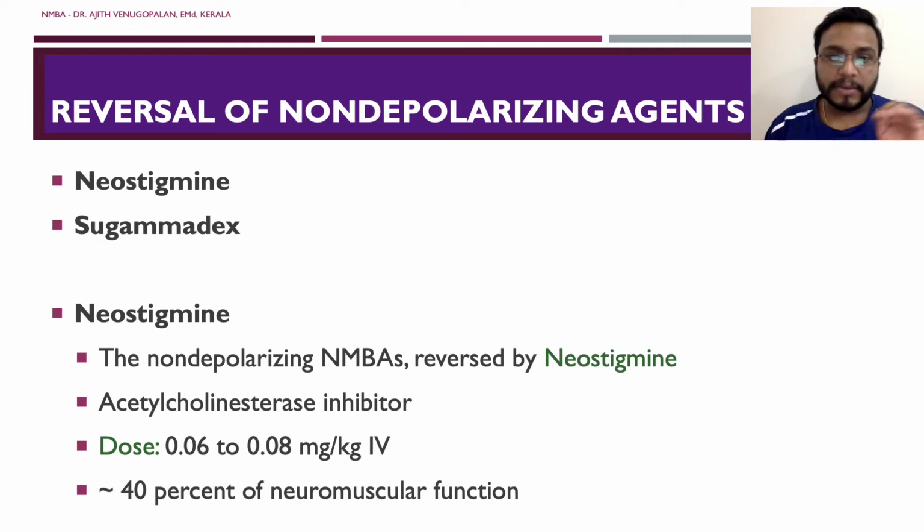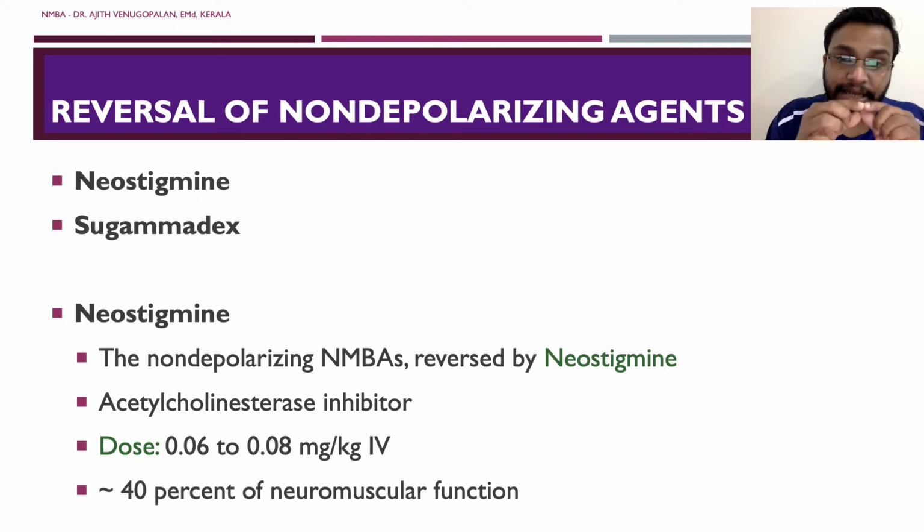Now neostigmine prevents the breakdown of acetylcholine by inhibiting the acetylcholinesterase. So acetylcholinesterase cannot break down the acetylcholine. Hence acetylcholine is going to remain in the synapse. So you have the acetylcholine that comes from the presynapse into the synapse, and it is broken down by the acetylcholinesterase. Now neostigmine is going to block the acetylcholinesterase.